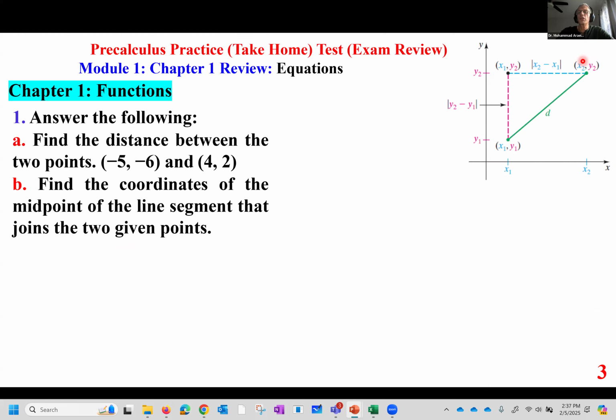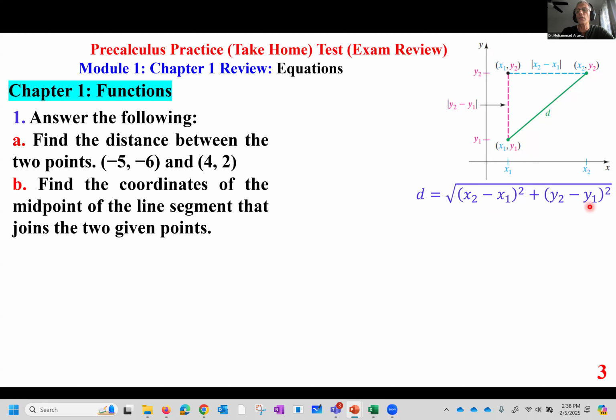The distance between 2 points using Pythagorean theorem, a squared plus b squared equals c squared. So this distance squared plus this distance squared is this distance squared, which results in the following. This distance is x sub 2 minus x sub 1 quantity squared.